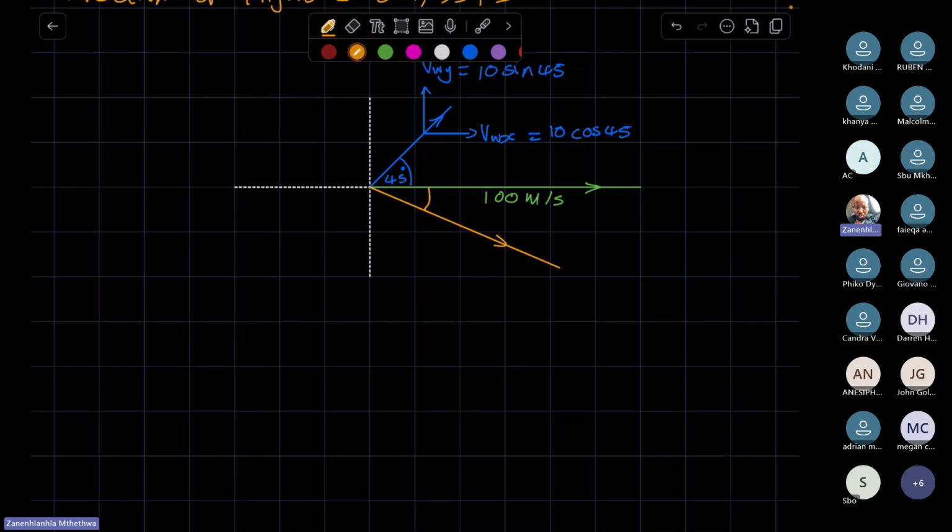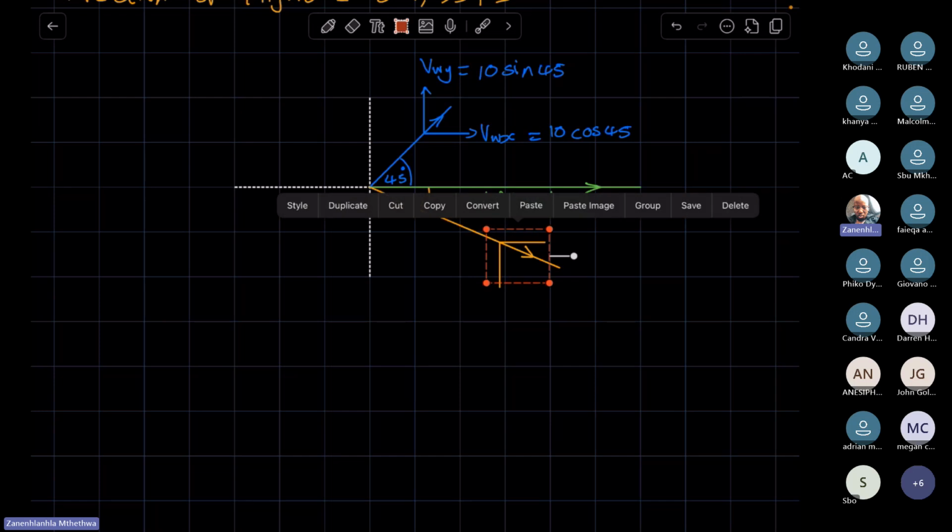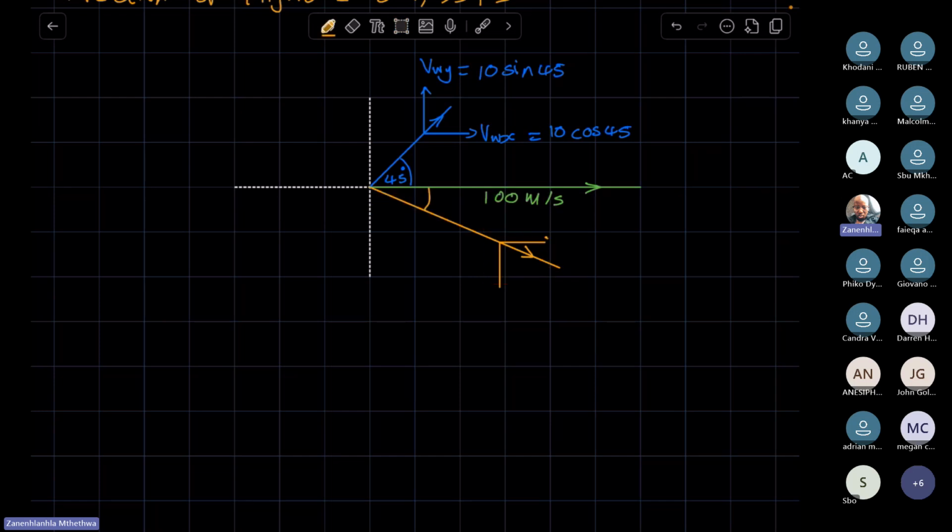Now for the components of VO: this one is headed in this direction and that direction.